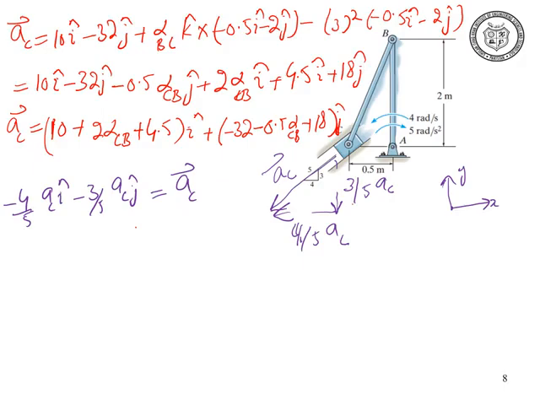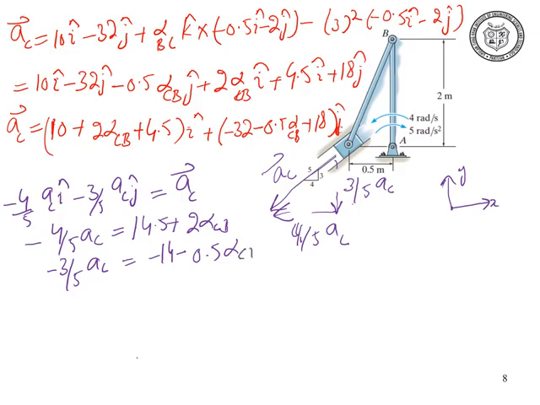After that, combining the terms and equating the I terms and J terms, we get two equations. The first equation we get is minus 4 by 5 AC equal to 14.5 plus 2 alpha CB. The second equation we get is minus 3 by 5 AC equal to minus 14 minus 0.5 alpha CB.